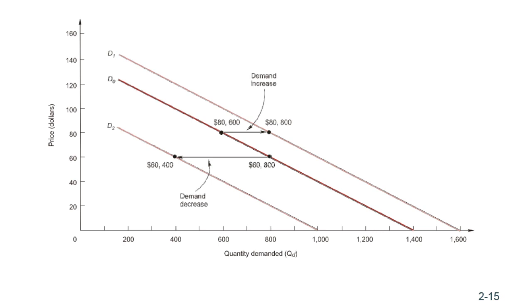What could have made this happen? So if the income increased, let's say we started here at an income of $80,000, all else equal, all the other variables equal, and income increased to $80,800.